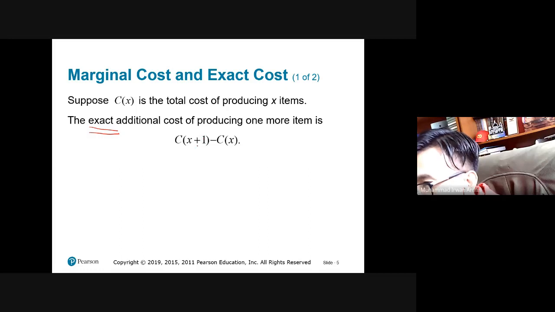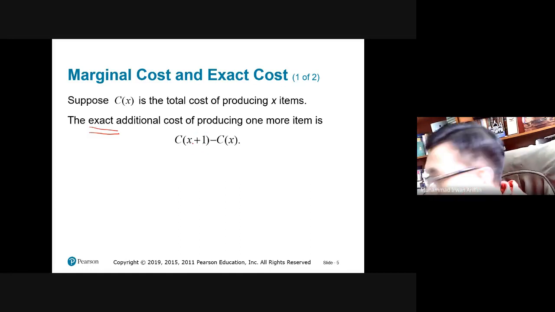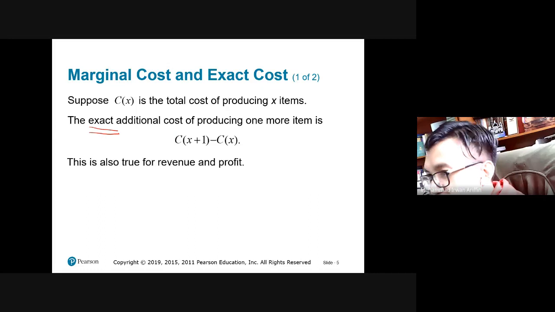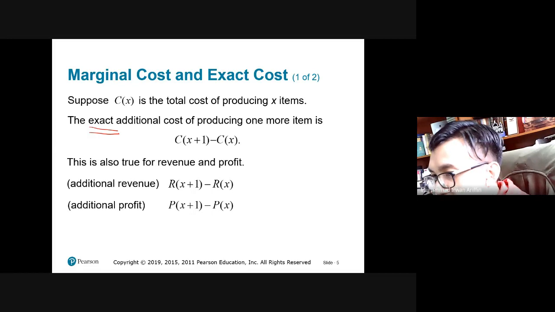So as we add one more unit, our new cost function will be C(x+1) minus C(x). So this would be the exact additional cost. Now this is also applicable for revenue and profit. So any additional revenue or additional profit from one more unit, we simply add this.